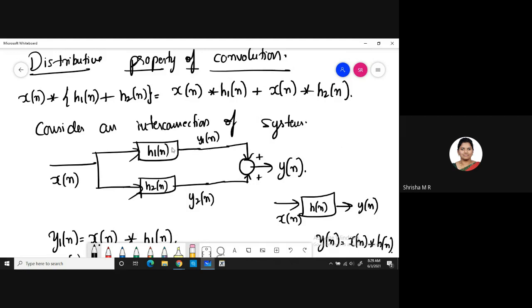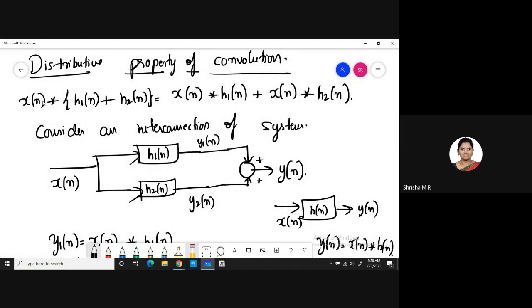The output y1 of n is the output when the impulse response is h1 of n and the input is x of n. y2 of n is the output when the impulse response is h2 of n and the input x of n is given. If we add y1 of n and y2 of n, we get y of n. So the distributive property states that x of n convolved with h1 of n plus h2 of n is equal to x of n convolved with h1 of n plus x of n convolved with h2 of n.